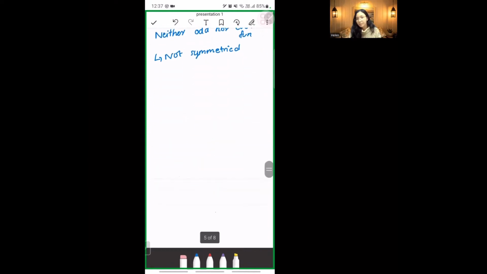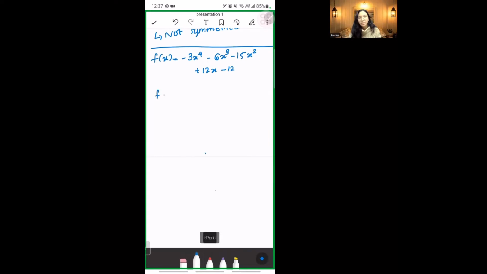This might be a bit complicated to you right now, so let's look at our function and let's find out. f of x equals minus 3x to the power 4 minus 6x cubed minus 15x squared plus 12x minus 12. So this is the function that we have got, and we'll have to find out f of minus x. In other words, we will be substituting minus x in the place of x.